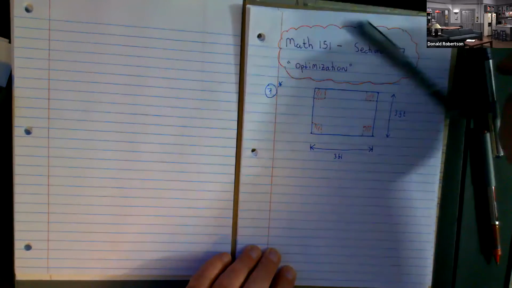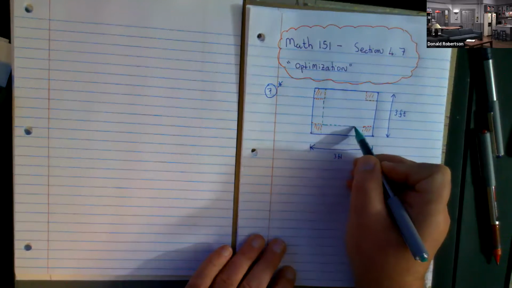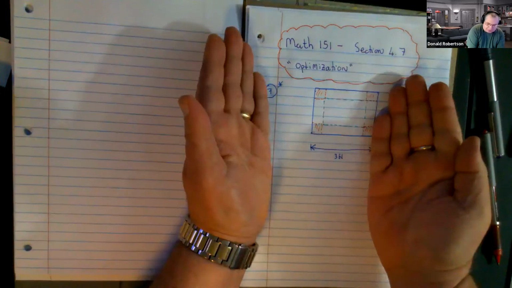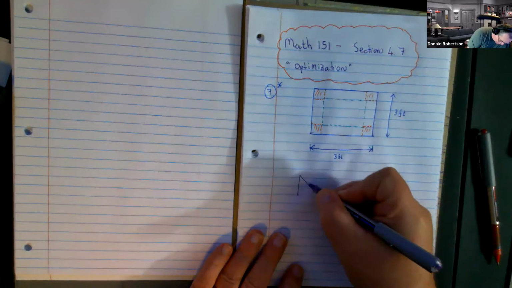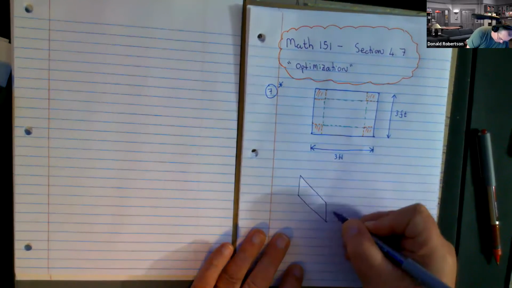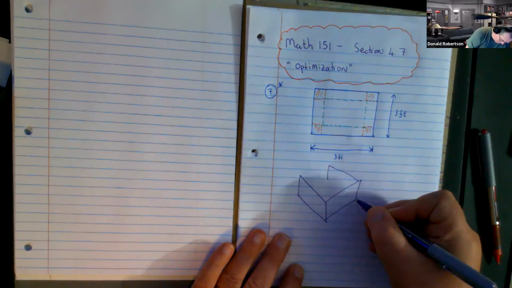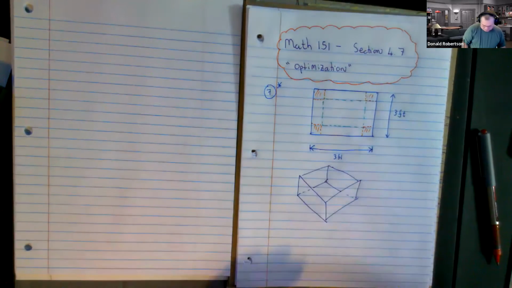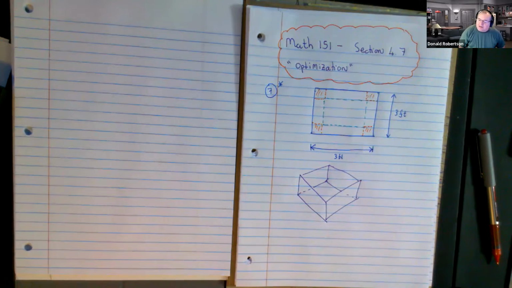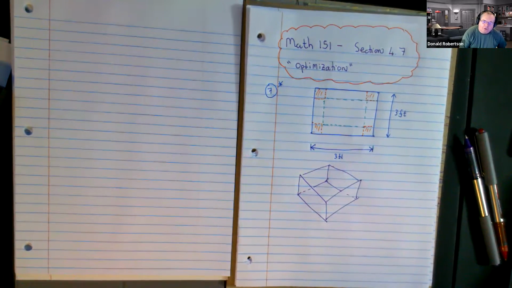What you then do, I don't know if you've ever done this in school, actually I've not, but if you bend them along these dotted lines, so you bend up the sides, you will make an open-topped box. That's not bad, right? And we are on the quest of finding the box with the biggest volume.